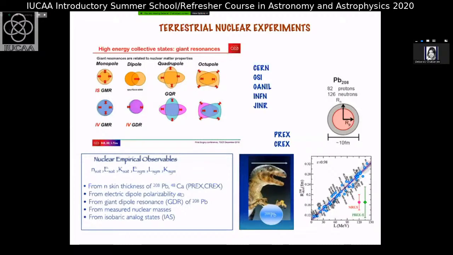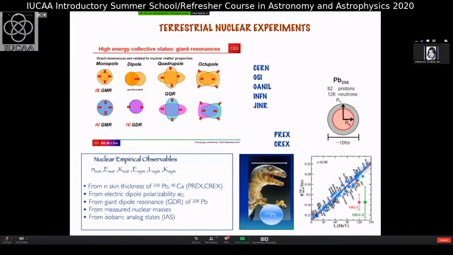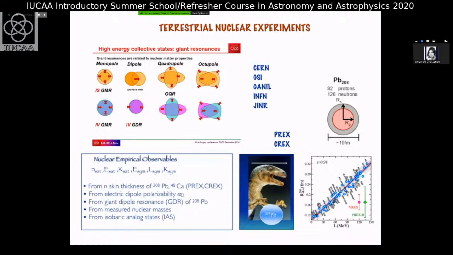So from these, we have some idea about the symmetry energy and the slope of the symmetry energy, and also an indication of a correlation between the neutron skin and the slope of the symmetry energy.